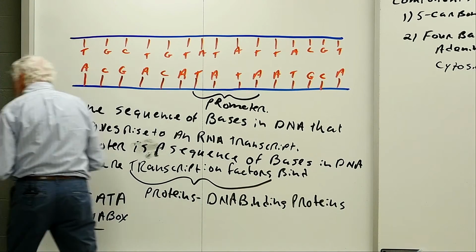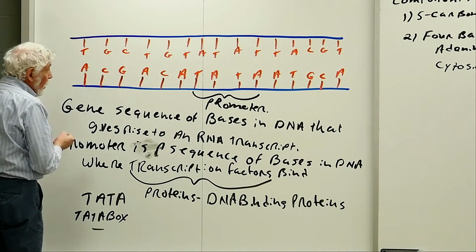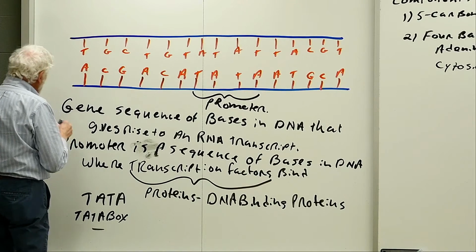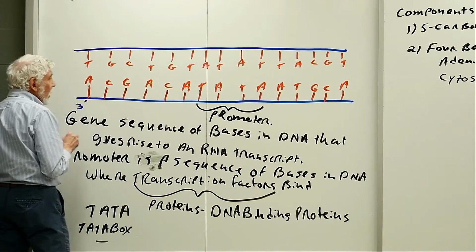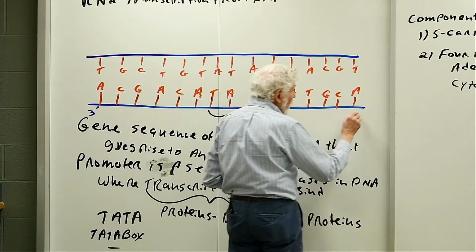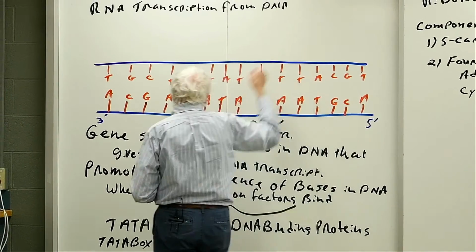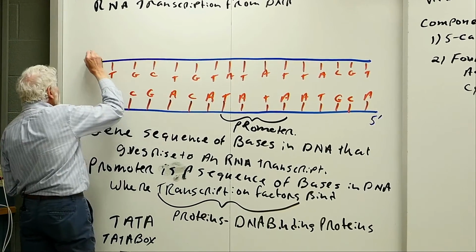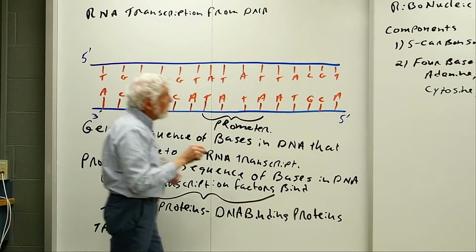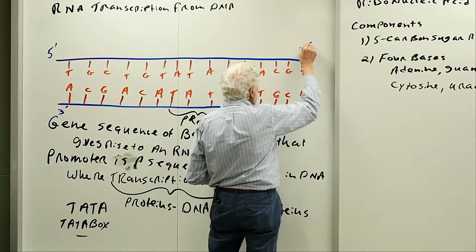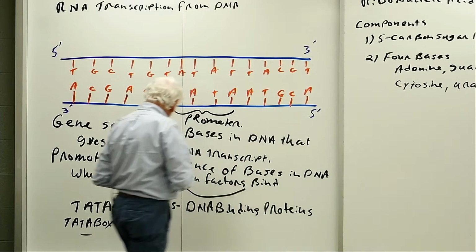Now I'm going to label this because we need some orientation here. I'm going to say that this is the 3' end, which makes this the 5' end. And on this strand, because of the anti-parallel organization, this has to be the 5' end, and this has to be the 3' end.